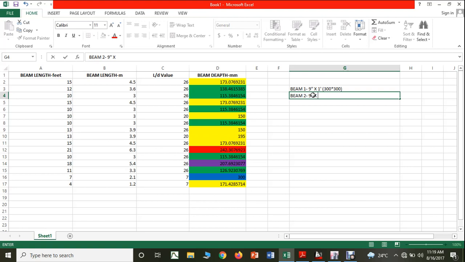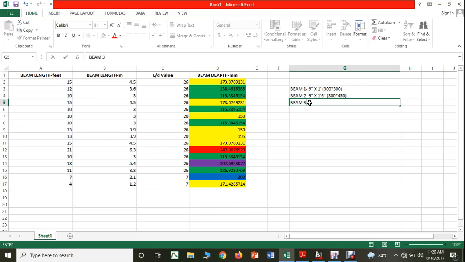Let us take it as 18 inches. If I remove 12, that is 18 minus 12, 6 inches. It means it is a 1 feet 6 inches beam. That is, I can write 300 into 450.